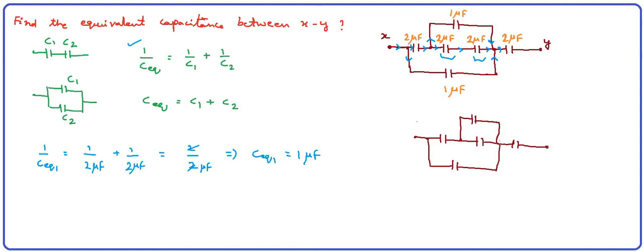This is the circuit now. After reduction, this capacitance is 2 microfarad, this is 1 microfarad, this is also 1 microfarad, and this is 2 microfarad and this is 1 microfarad.